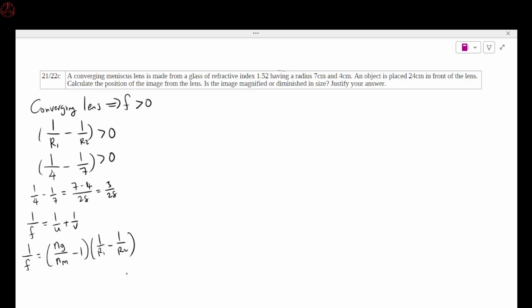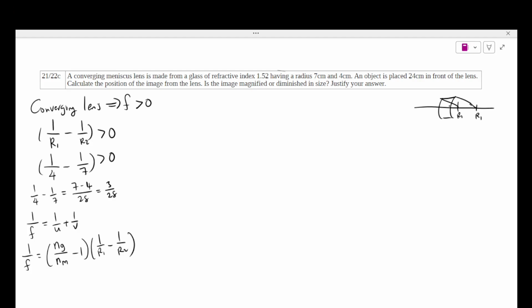Okay, in general, your converging meniscus lens is going to look something like this, where they both have their r1 and r2 either both in front of or both behind the lens.